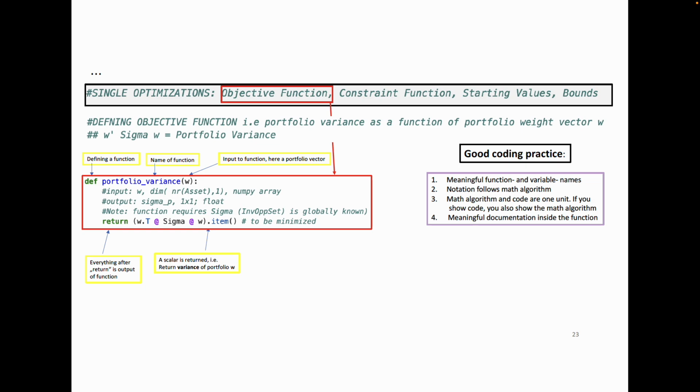It's a bit of your own preference. So far, I like portfolio variance. Then you see also that the notation here in the calculation follows the algorithm, which again is good coding practice in order to find mistakes easily. And you also see good coding practice is to have documentation inside the function.